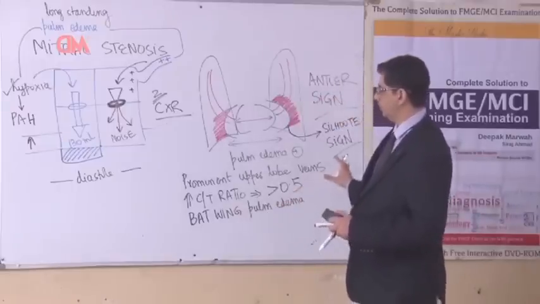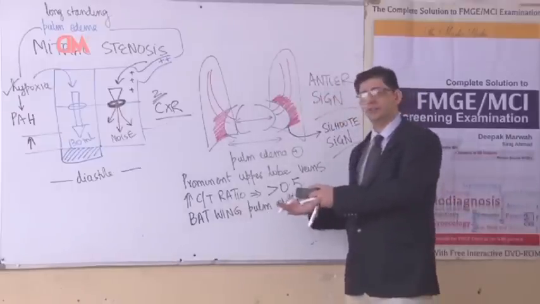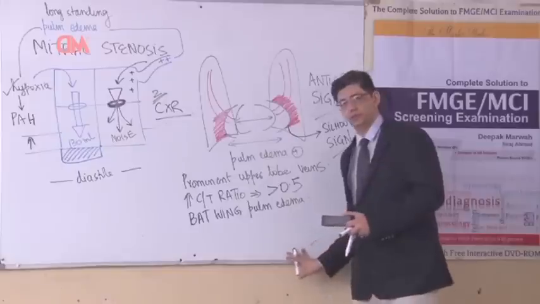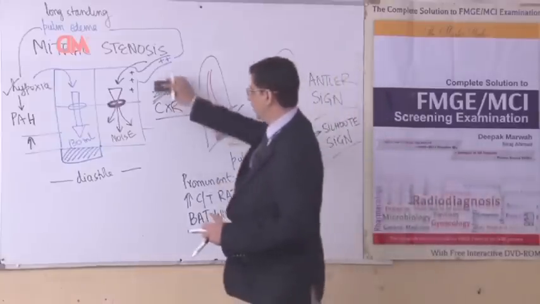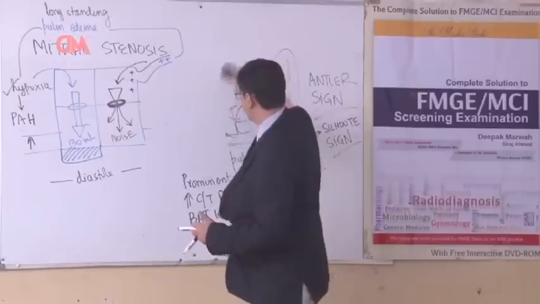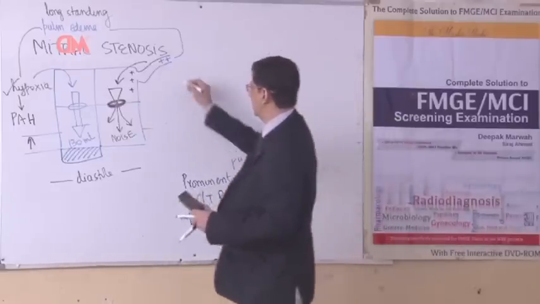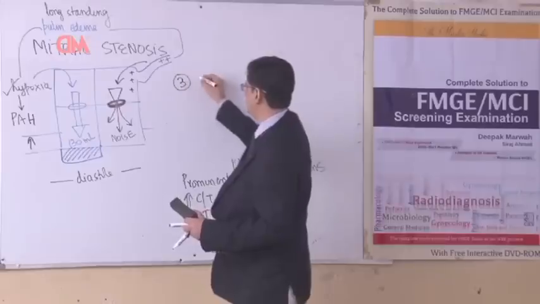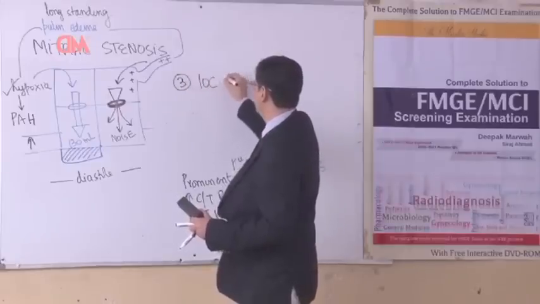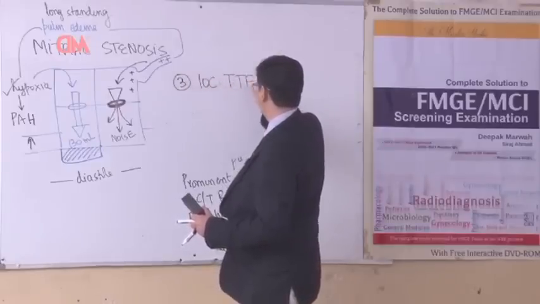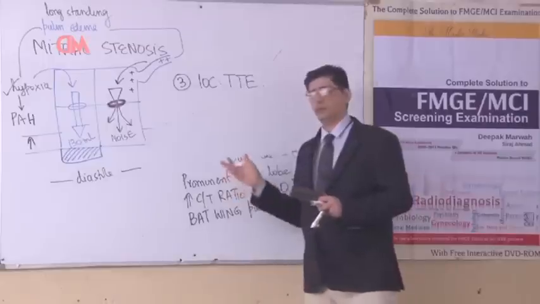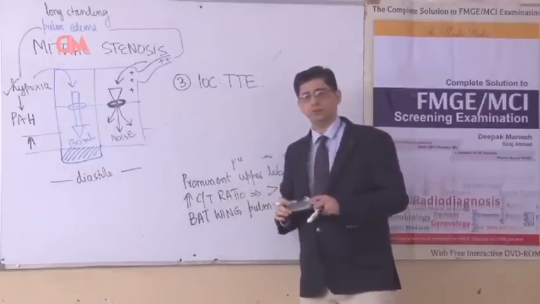So all patients of mitral stenosis, depending upon their severity of illness, would have some evidence of pulmonary edema. But if the question is asked as what is the investigation of choice for diagnosis of patients of mitral stenosis, then the answer will be transthoracic echocardiography, where we will be able to evaluate the size of the mitral valve as well.